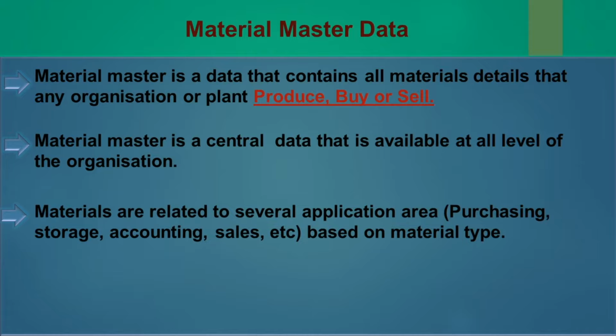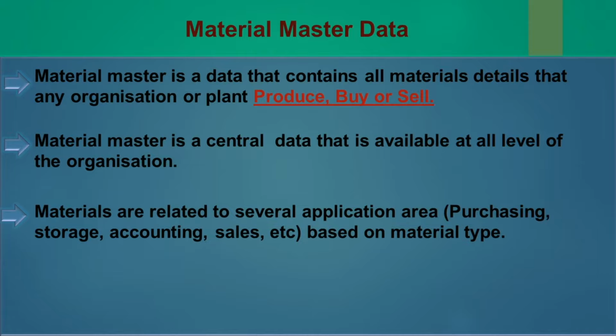These application areas are nothing but the departments that use this material. Let's say purchasing or logistics, they use material according to their requirement, and they maintain only those views. Then accounting in terms of finance. Then if the company or plant is selling that material, then we maintain the sales view. So it completely depends on material types.